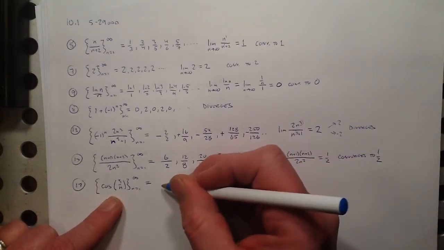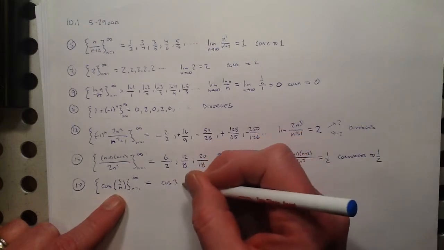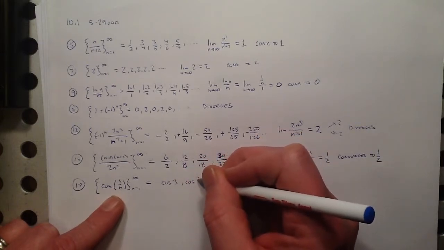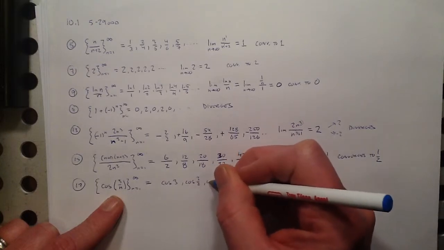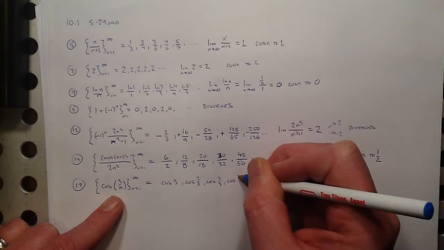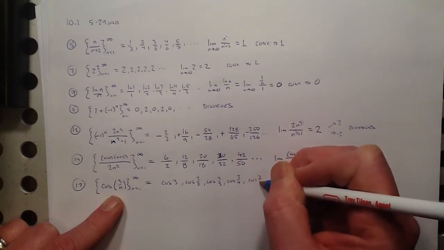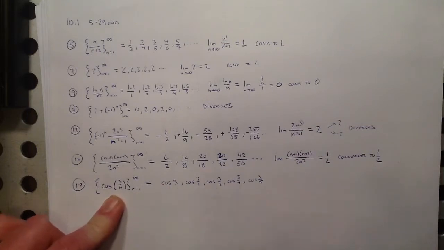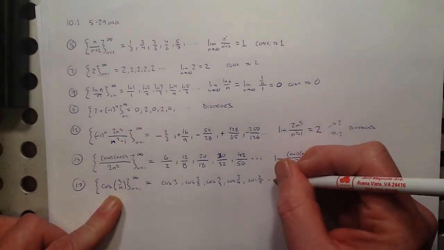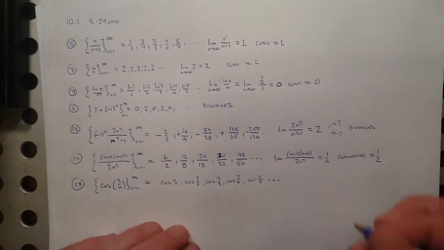First term would be cosine of 3, then cosine of 3 over 2, and then cosine of 3 over 3, and then the cosine of 3 over 4, and then the cosine of 3 over 5, etc. None of those are nice numbers, right? These are all angles measured in radians, so it's all garbagey looking numbers. And there's no reason to put them in your calculator and do that.